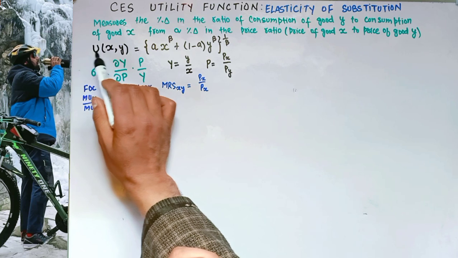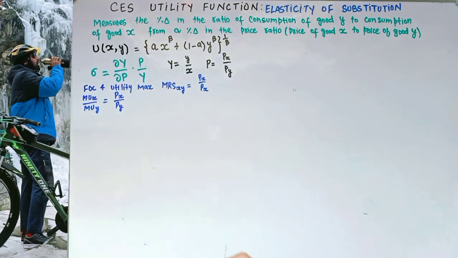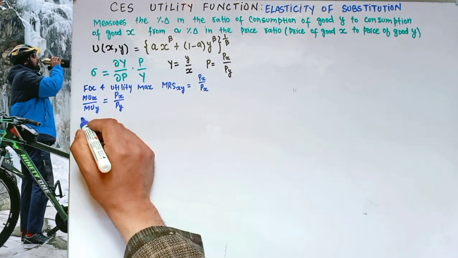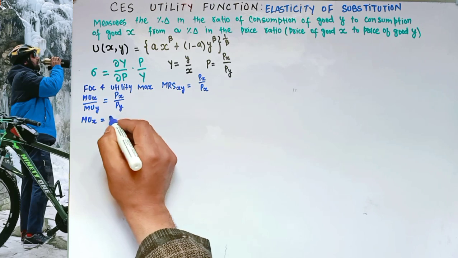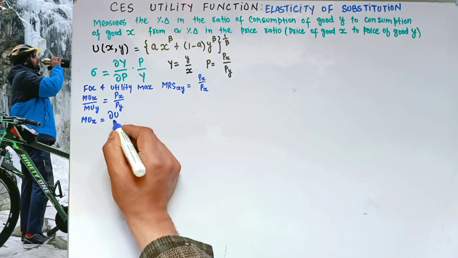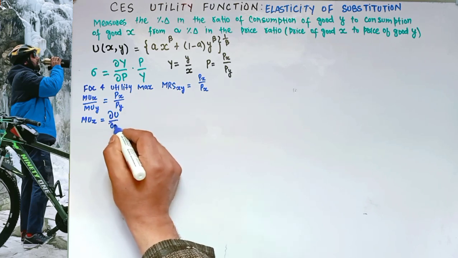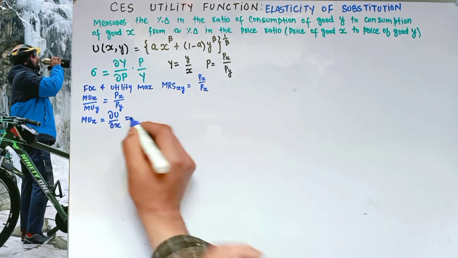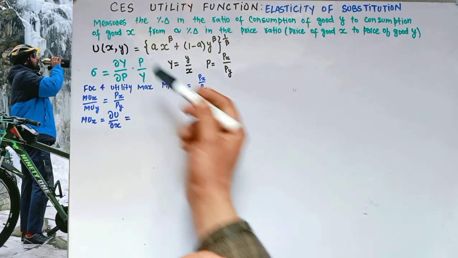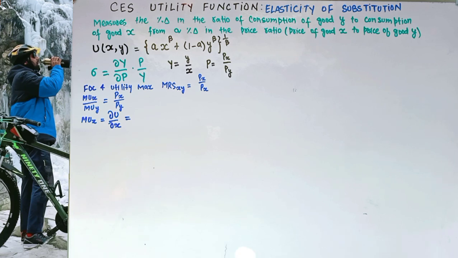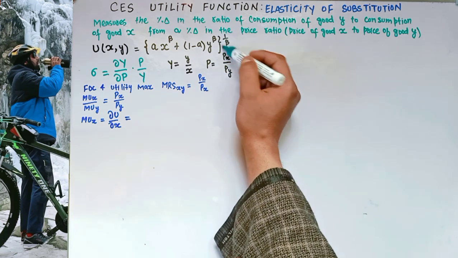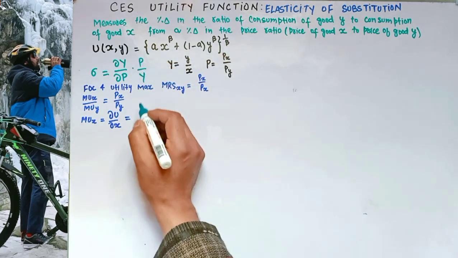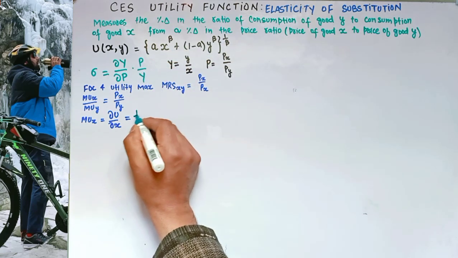Now what is the marginal utility of good X? That means we need to partially differentiate this utility function with respect to X. So let's write it here. Our MUX will be equal to the partial derivative of the utility function with respect to X. We will be using the chain rule here. First, this 1 upon beta will become the coefficient by the power function rule, so we have 1 upon beta.